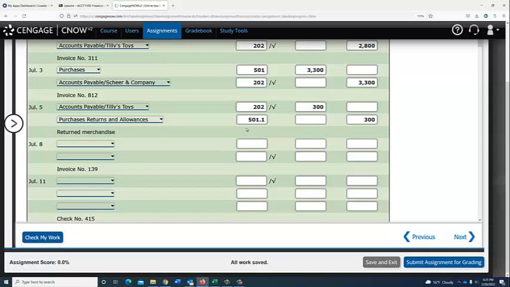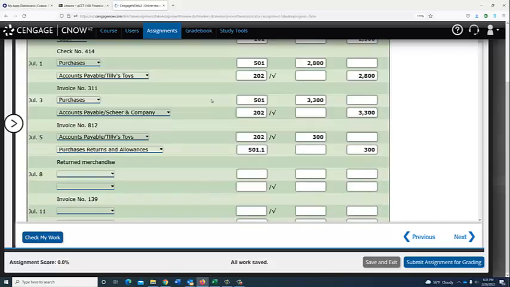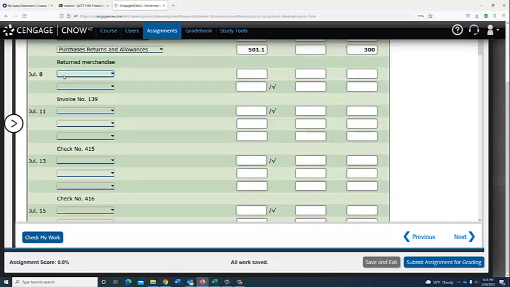Okay, and then let's see, we've got another purchase here on the 8th. Purchased merchandise on account from Donna's Dolls for $2,900, terms 2/10 net 30. Okay, so purchases and then accounts payable. That was $2,900.